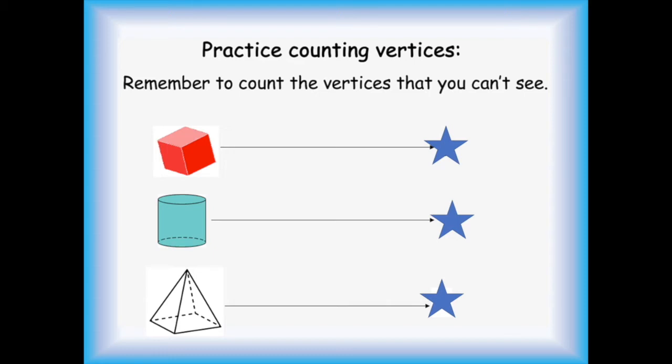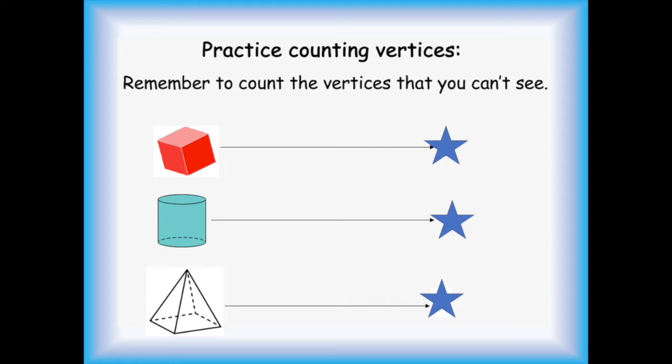For cubes, you can use anything that's a rectangular prism because cubes have squares on the sides and they end up being the same of all the attributes as a rectangular prism. So if you've got a Kleenex box, you can always think of that for both rectangular prisms and cubes. On each of these, I'm going to go kind of quickly. It's going to be your job to push pause until you're ready.